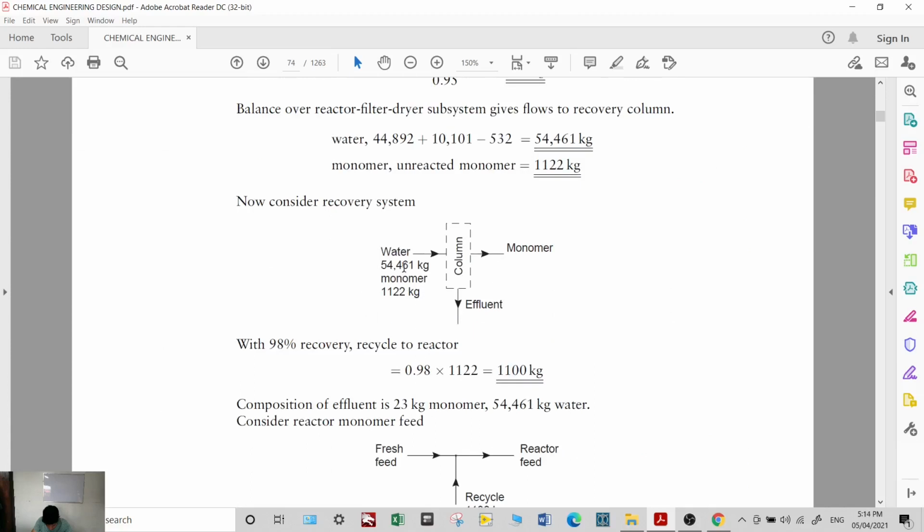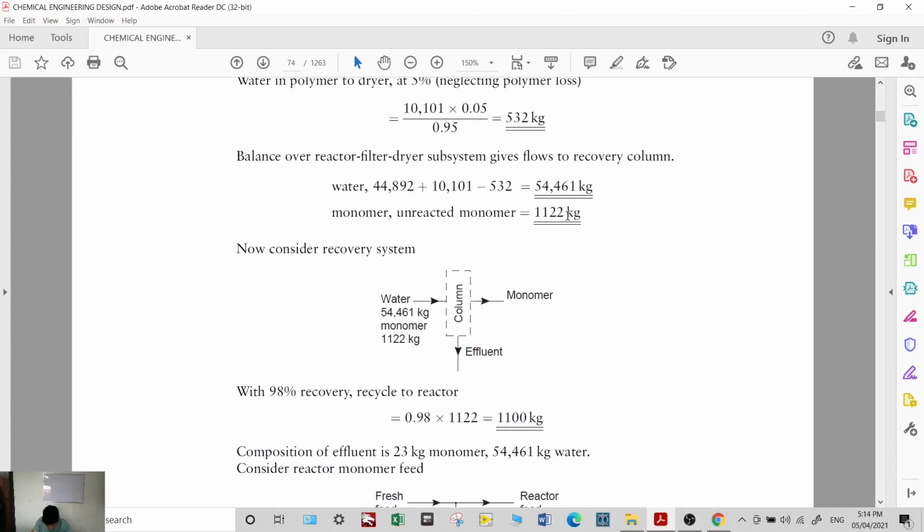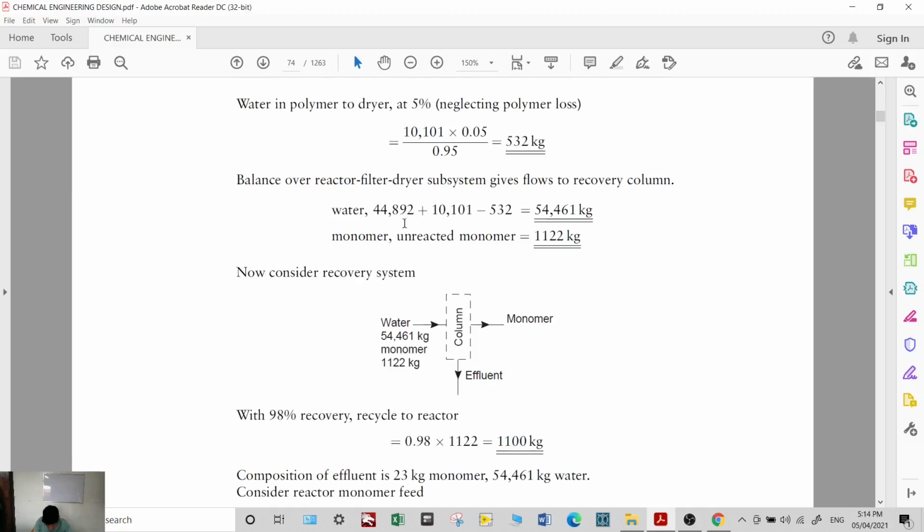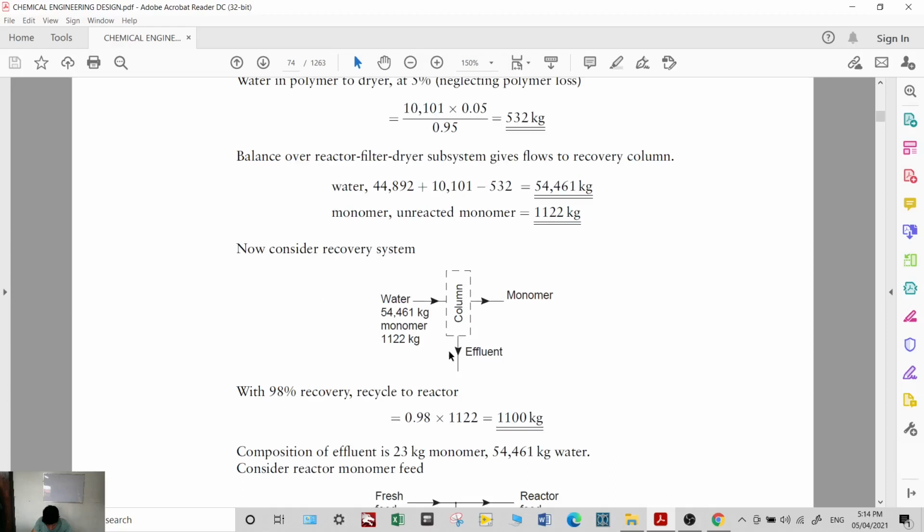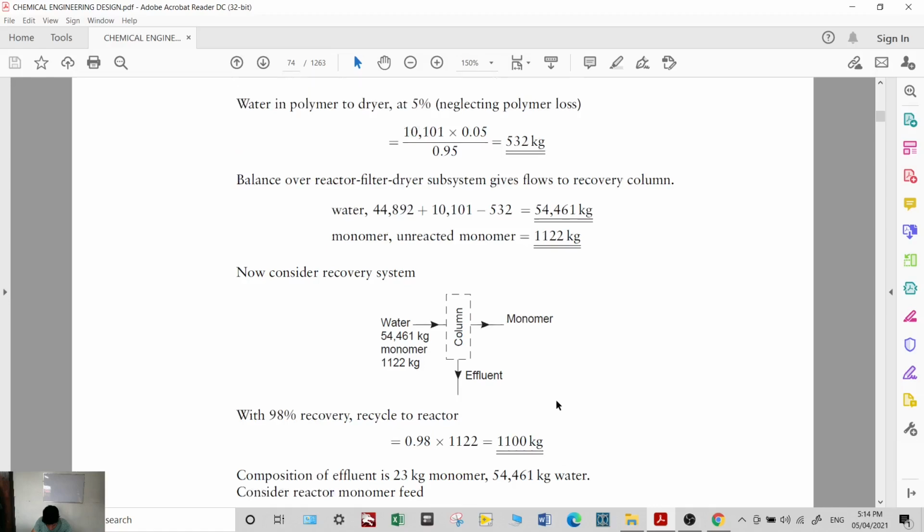Okay, water and monomer nga unreacted. So ang total water nga mosulod sa column is 44,892 plus 10,101, ang wash water, minus 532. Okay? So mao na ang mosulod dire. And then with 98% recovery, so ang ma-recover daw is 98%, so 1,100 kg ang monomer nga ma-recover.